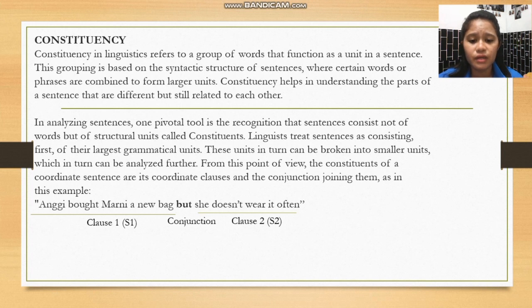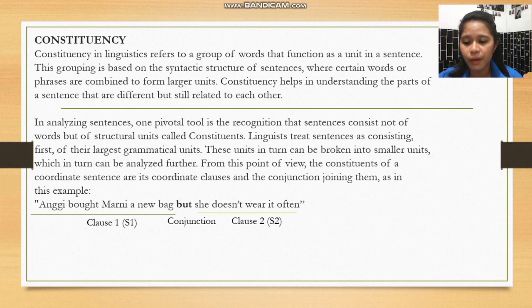These units in turn can be broken into smaller units, which can be analyzed further. From this point of view, the constituents of a coordinate sentence are its coordinate clauses and the conjunction joining them. As in this example: Anggi bought Maria a new bag but she doesn't wear it often.